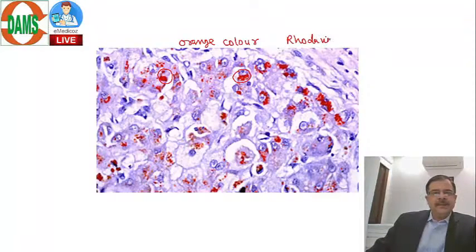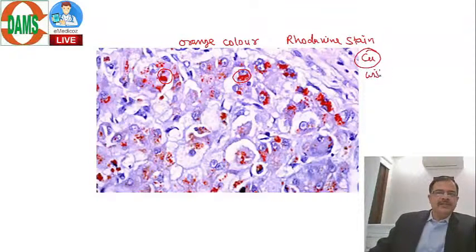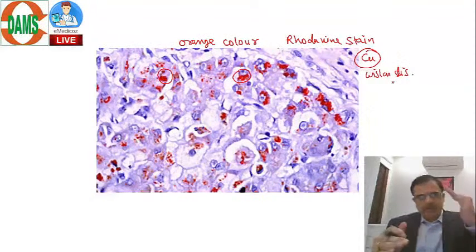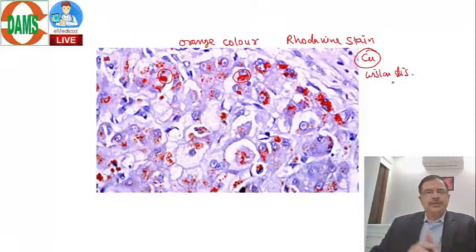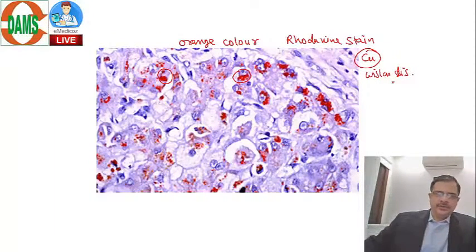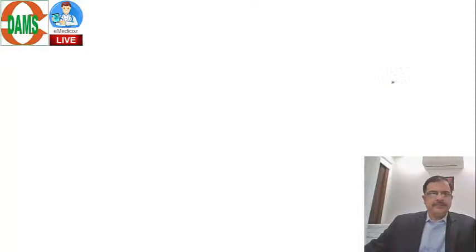So this is all copper, and the answer is Wilson disease. If by chance they give you the image or specimen or biopsy finding of the liver with orange color, rhodanine stain, this will be Wilson disease.